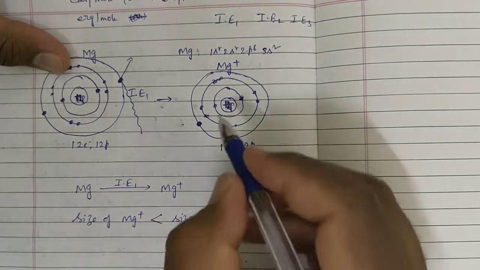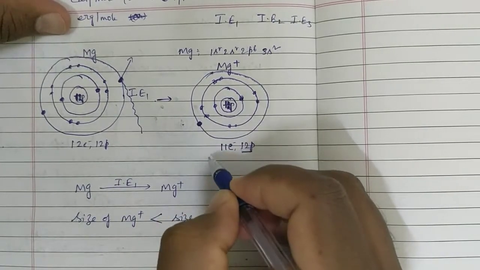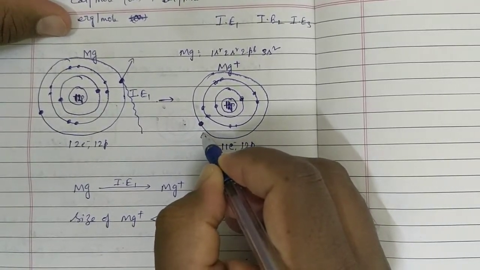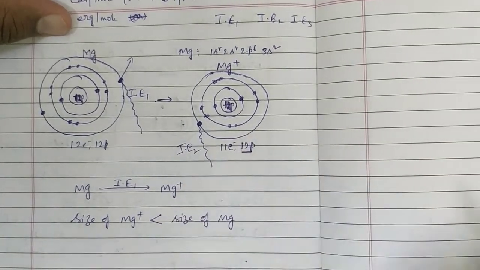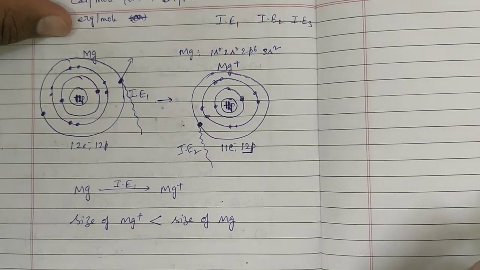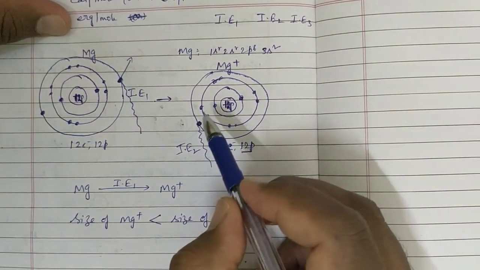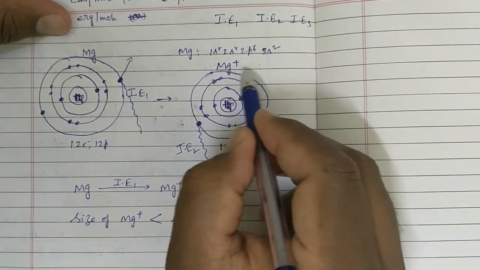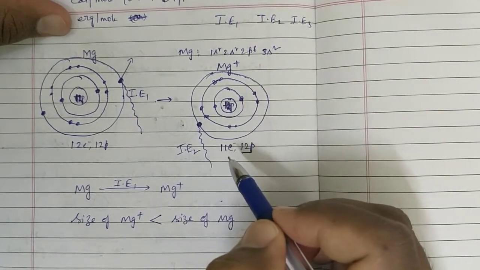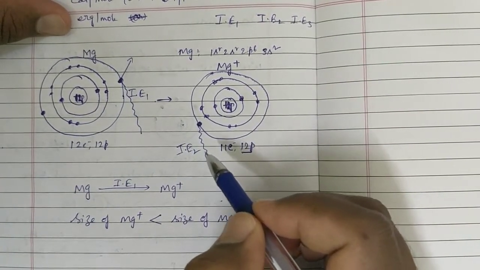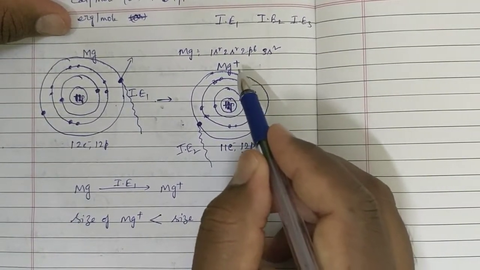Now say once we want to remove this electron. This is the second electron. For the removal of this second electron, I will supply energy, that is called IE2. The amount of energy required to remove electron from outermost orbit of unipositive ion is called ionization energy 2.